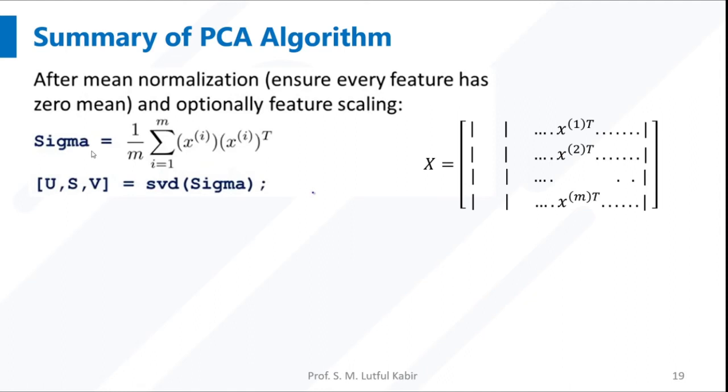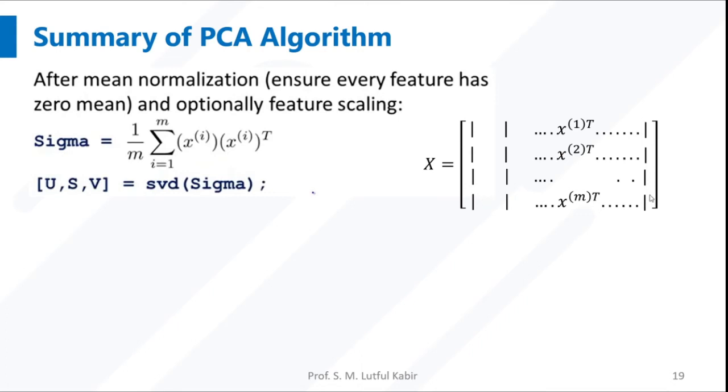If you want to take the summation, it's okay, but you can avoid the long calculation process due to this summation. You can obtain the same result with vector calculation. For example, x is defined by this kind of matrix where x1 transpose forms a row, x2 transpose forms another row.